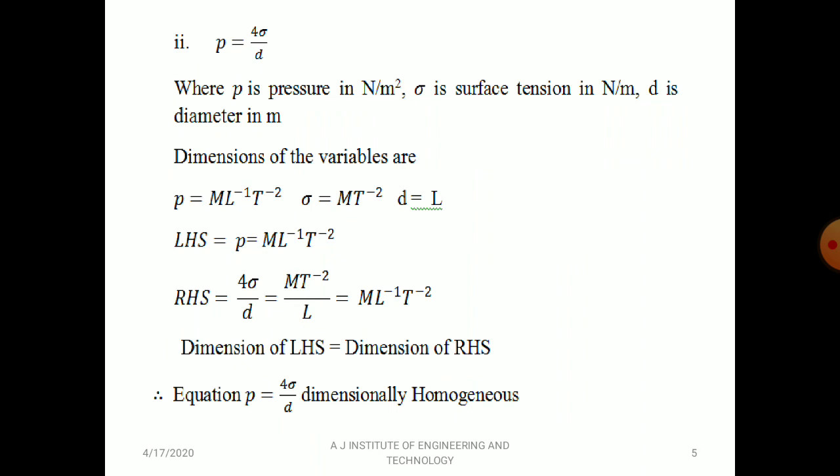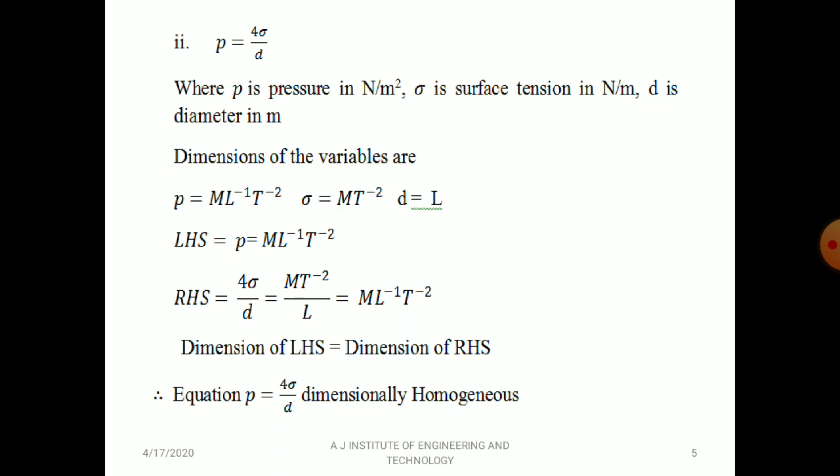So we have to write the dimensions of the different variables as follows. P is pressure, Newton per meter square. For Newton it is m into L into t to the power minus 2, because of the F equals ma expression. Divided by meter square, m into L into t to the power minus 2 divided by L square, so we get m into L to the power minus 1 into t to the power minus 2 as the dimension for pressure.